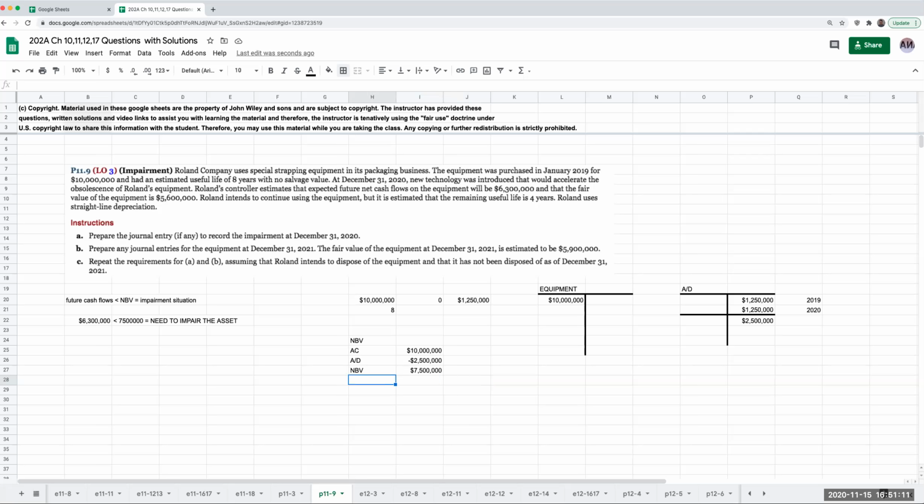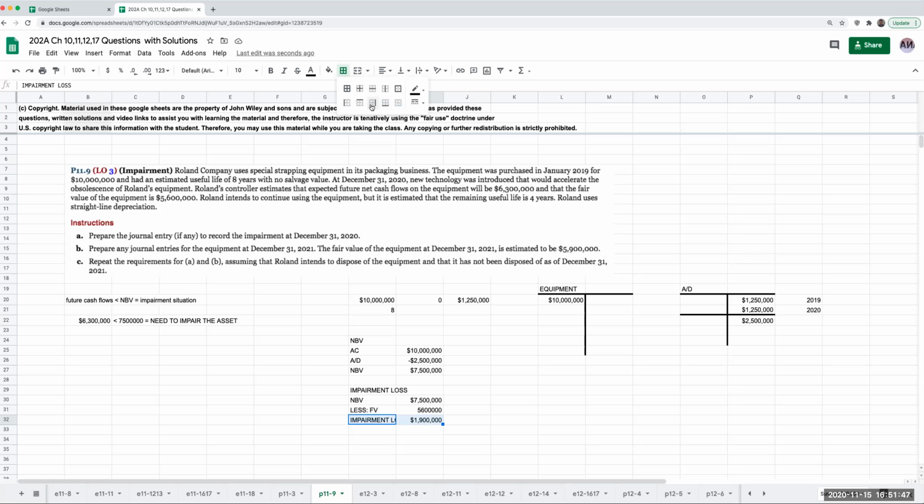So my impairment loss is going to be the net book value less the fair value. So my impairment loss is going to be 1.9 million. Okay.